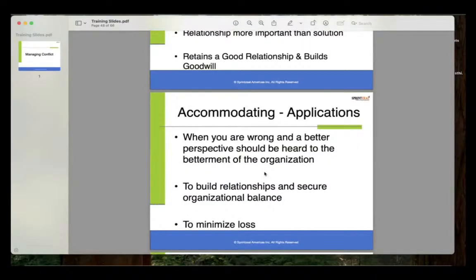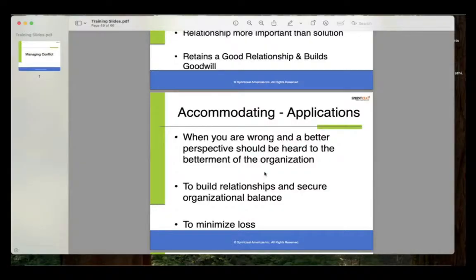The application of accommodating is when you are wrong and a better perspective should be heard, to the betterment of the organization. As we saw, in this we recognize that the other party can have a better solution or a better perspective.